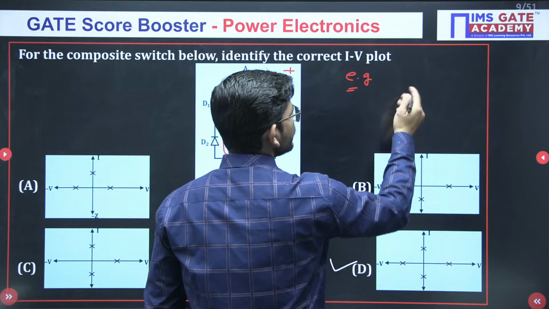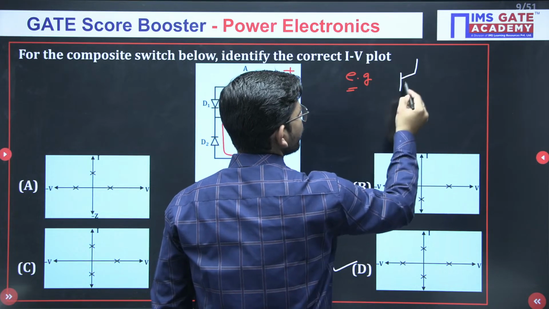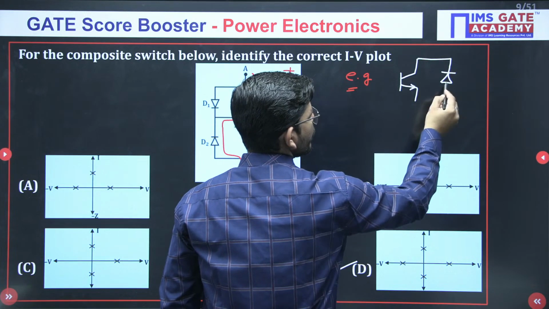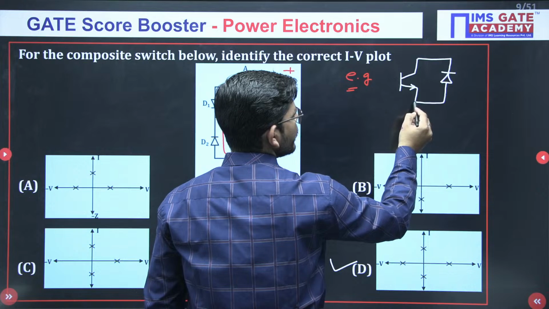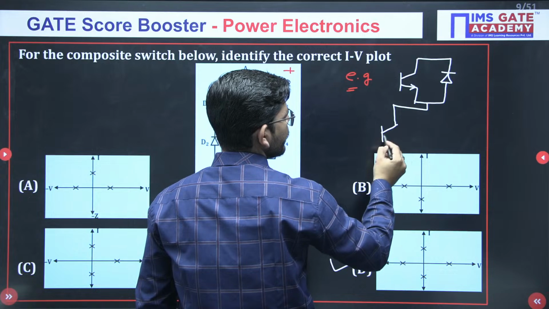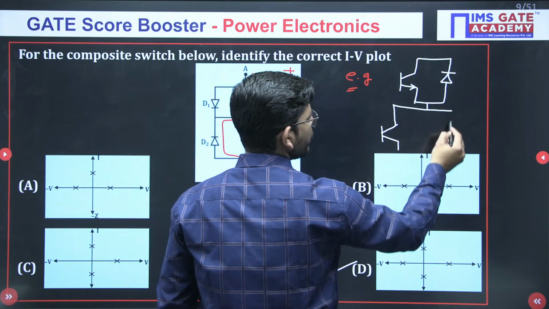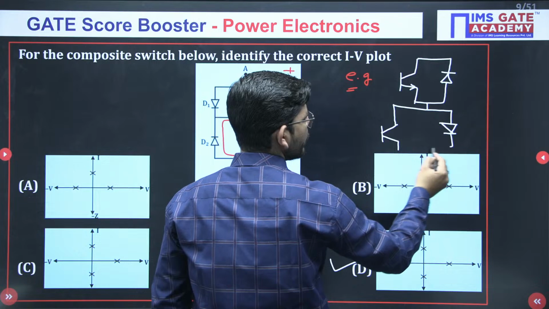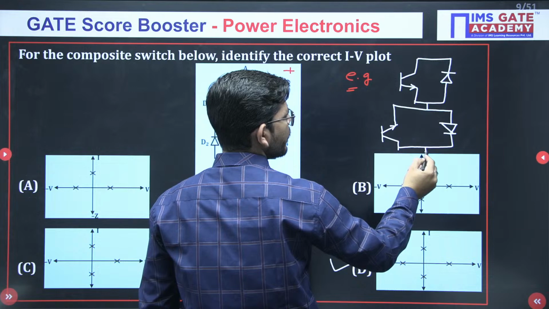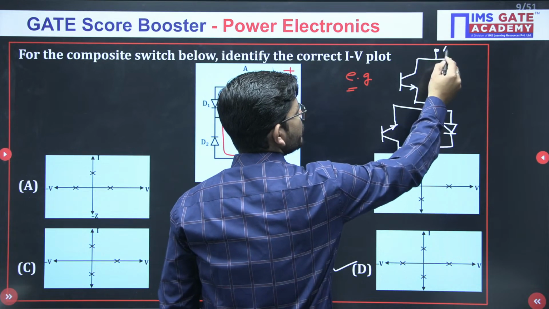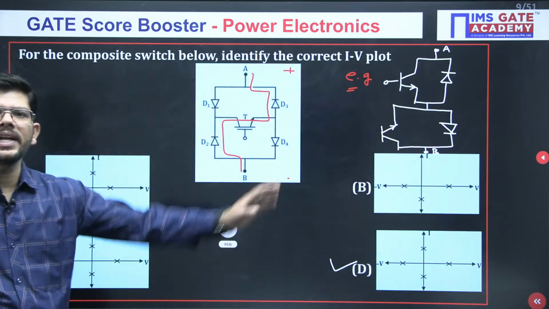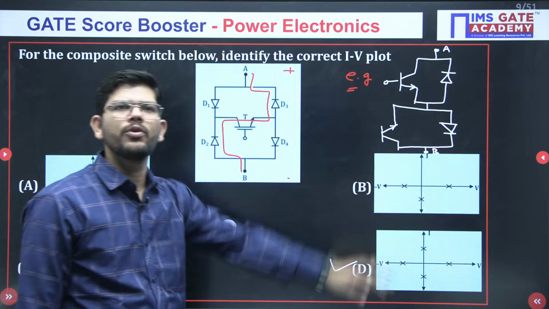For example, suppose you have this switch combination, if this is the point A and this is the point B, what could be the possible switch realization of this? This you can try at your home.